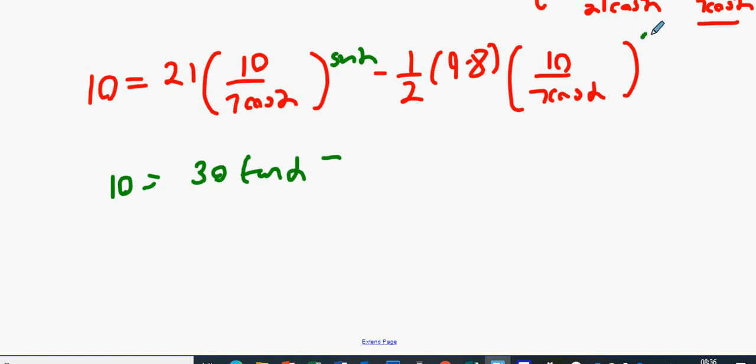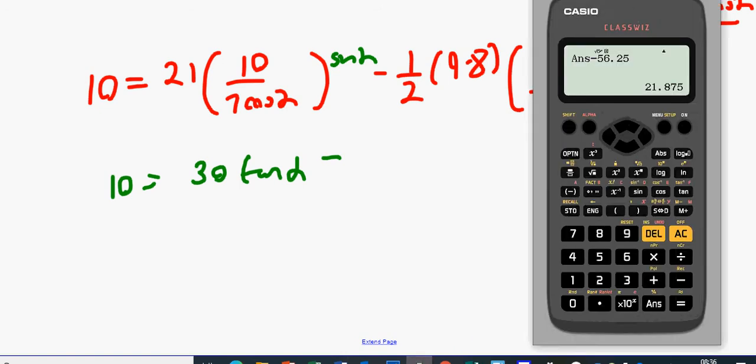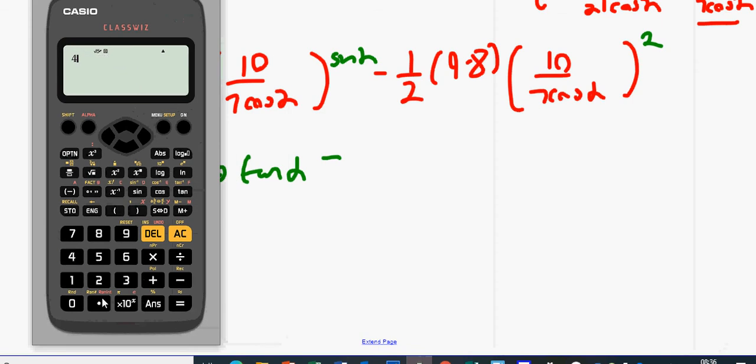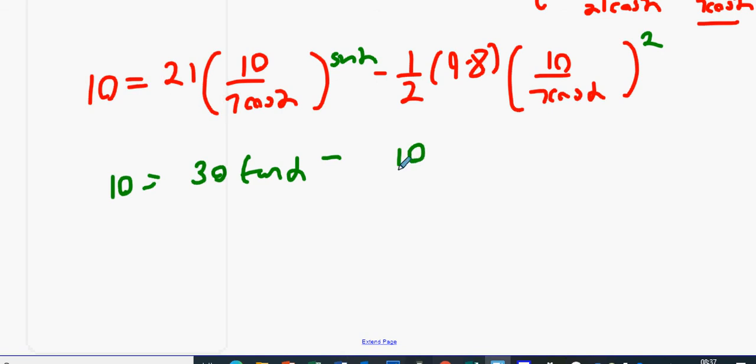Squared. Sorry, I made a mistake there. t squared. So it's going to be a half of 9.8, 4.9. And I'm going to multiply that by 10 over 7 squared. And 10 over cos squared alpha.